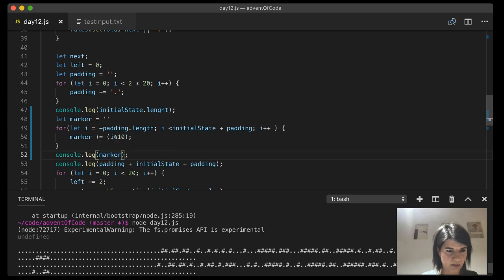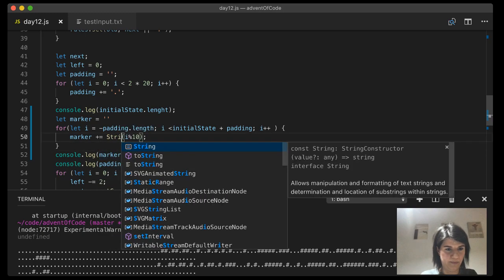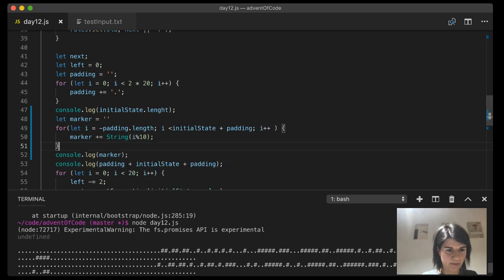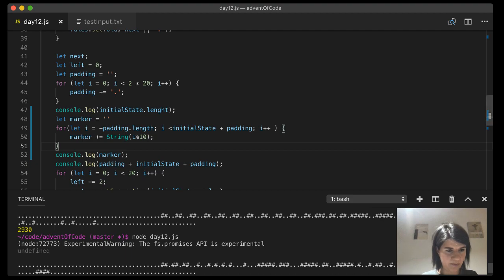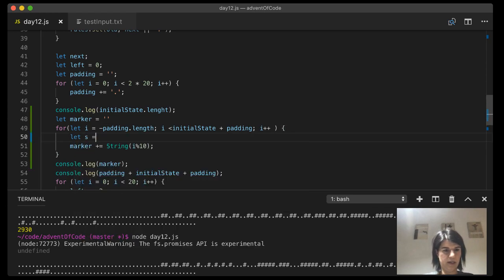That didn't work at all. String. No, marker is the empty string, and then let s equal i modulo 10, and then I want to log. How can I not do that?